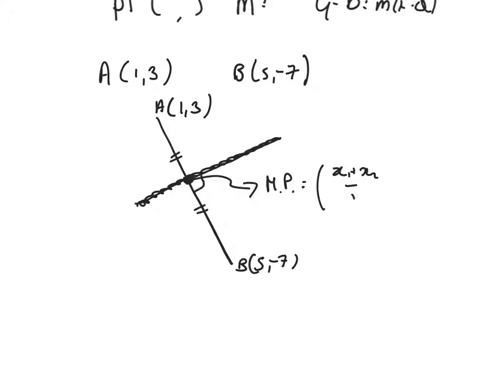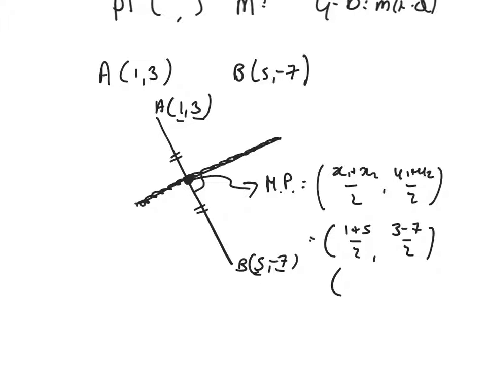So that's x1 plus x2 over 2, y1 plus y2 over 2. And that's 1 plus 5 over 2, and 3 minus 7 over 2. 1 plus 5 is 6 over 2 is 3. 3 minus 7 is minus 4 over 2 is minus 2. So now I've got the point, which is (3, -2).